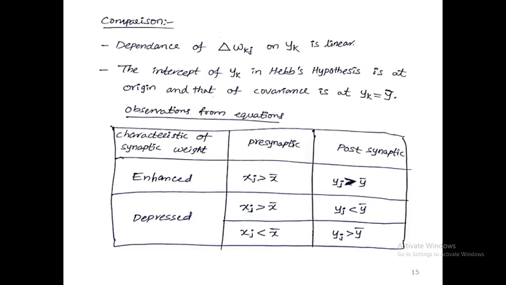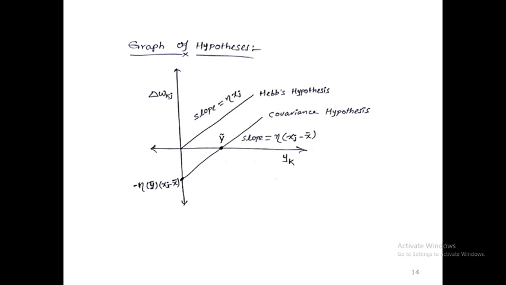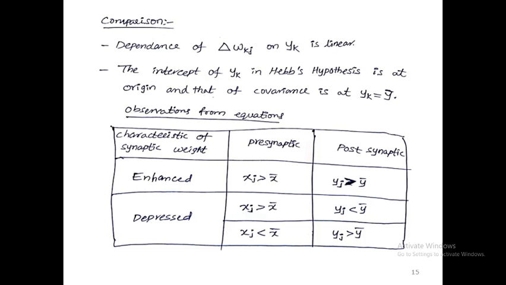The intercept of the Hebbian hypothesis line is at the origin, whereas the intercept of the covariance hypothesis on the x-axis is yk equal to y bar.